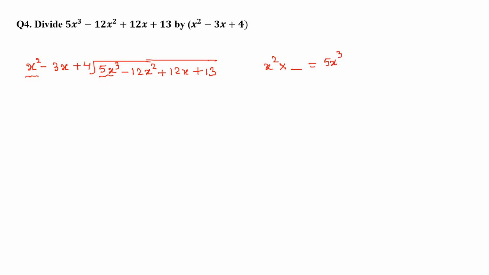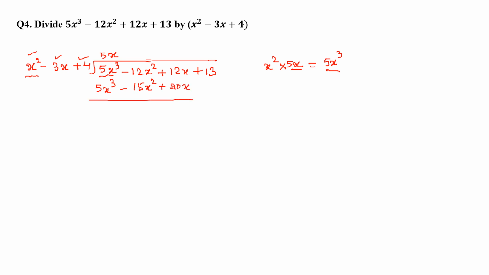I have to multiply 5 times x. X square into 5x will give me 5x cube. So here I can write 5x, and now I have to multiply all the terms of the divisor with 5x. So 5x into x square will give me 5x cube, minus 3x into 5x will give me minus 15x square, and plus 4 into 5x will give me 20x.